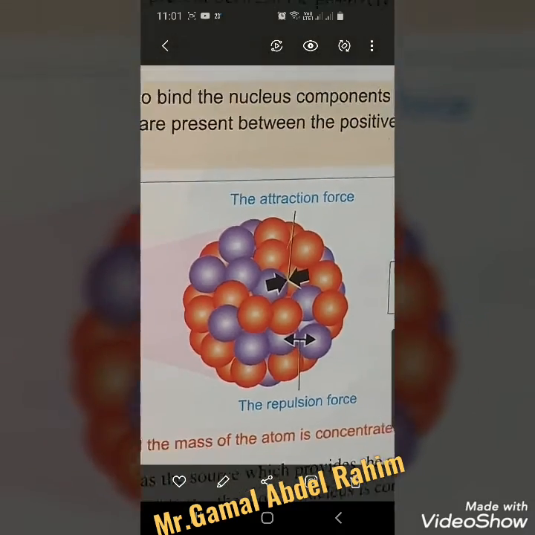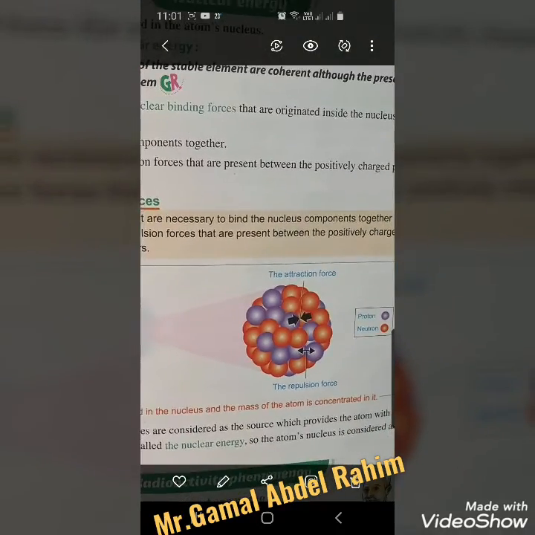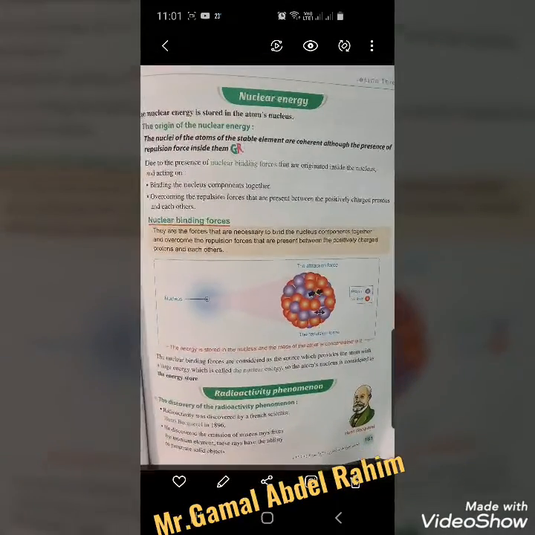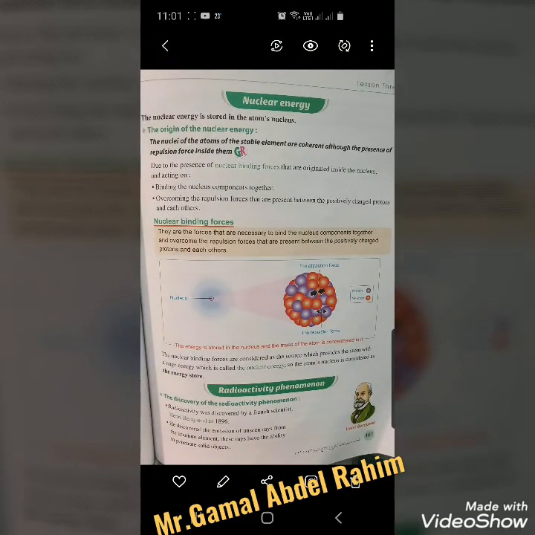This is called the nuclear binding force. It keeps the nucleus stable and keeps its components together, so they do not separate from each other.